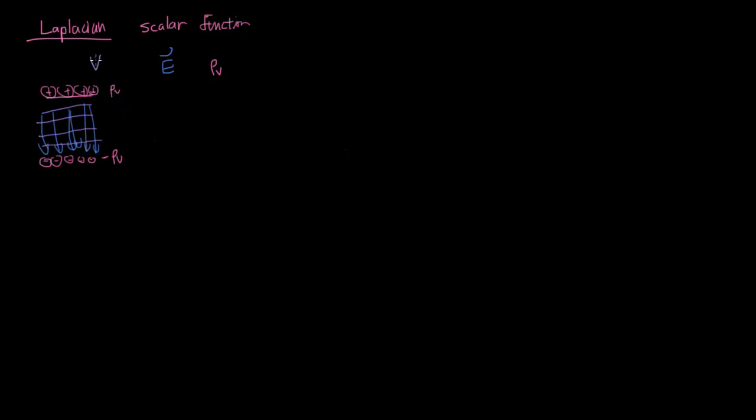So we have the potential, which is like the elevation, and the electric field, which is like the downhill slope arrow. If you had a topographical map, V, the potential, is the elevation, and E is like the arrows that signify which direction is downhill. And rho V doesn't quite fit into the topographical analogy as well, but it is basically the generator or destroyer of these downhill arrows that show up.